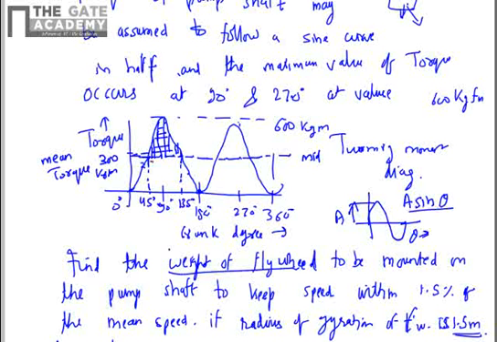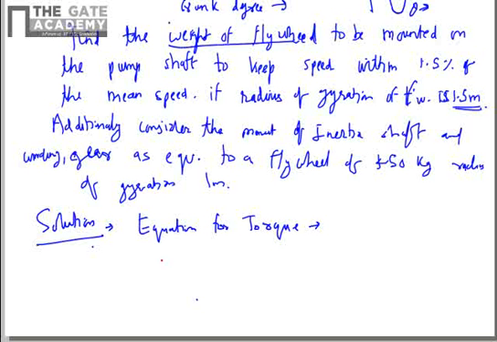Since the wave is starting at 45 degree, the theta will change by minus 45, that is pi by 4. And since the mean is 300 and the maximum is 600, the amplitude of the wave is 300. So the equation for torque will be 300, that is amplitude, multiplied by sine of theta minus pi by 4.